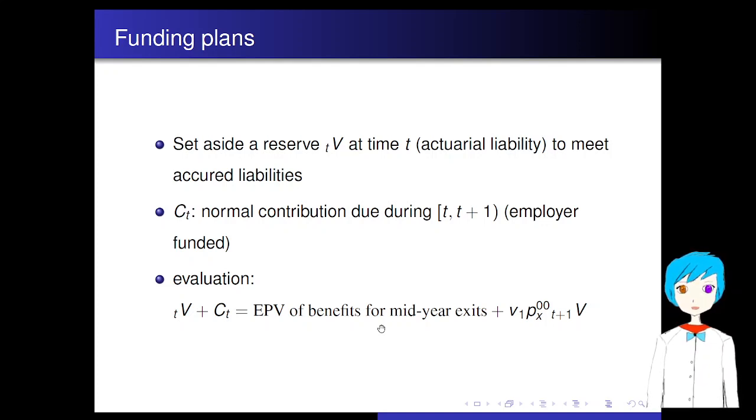So for evaluation of either the next year actuarial liability t plus 1 V or the expected value of benefits for mid-year exits, we have the formula: tV plus C t equals the expected value of benefits for mid-year exits during year t to t plus 1, plus the discount factor v times the probability of still being in service in the next year, 1 p x, times the actuarial liability at time t plus 1.